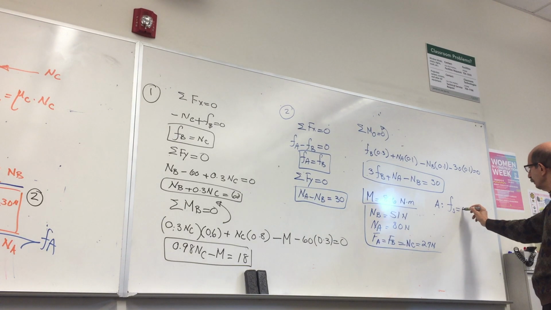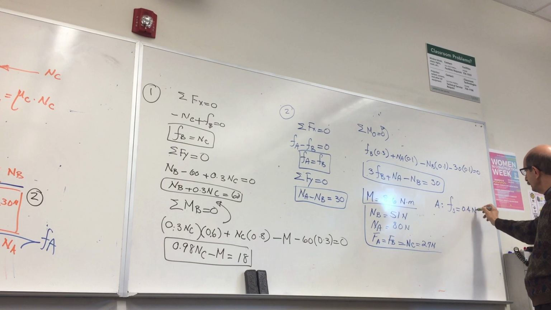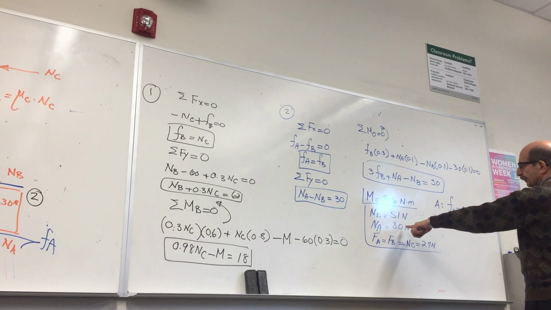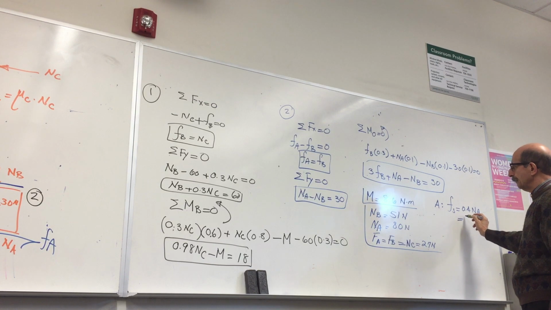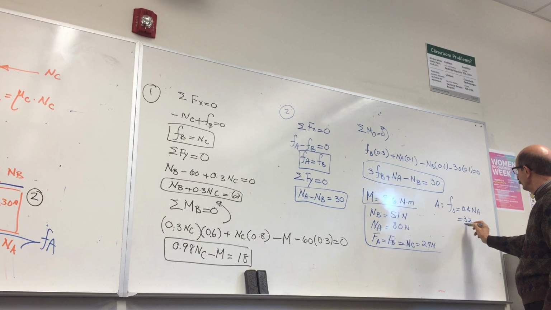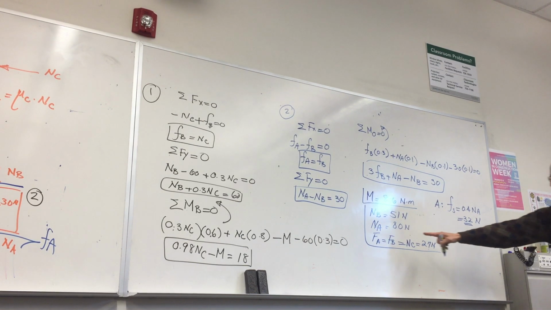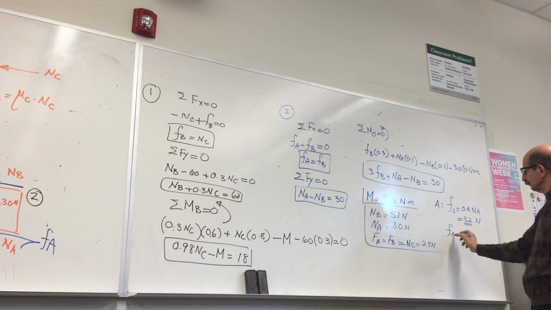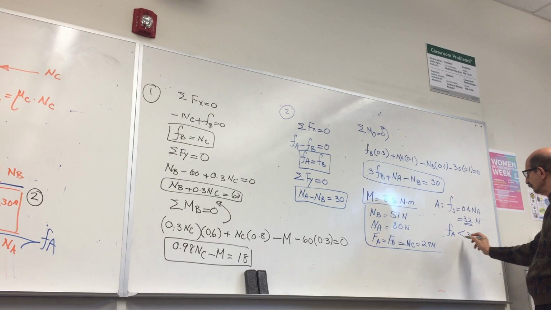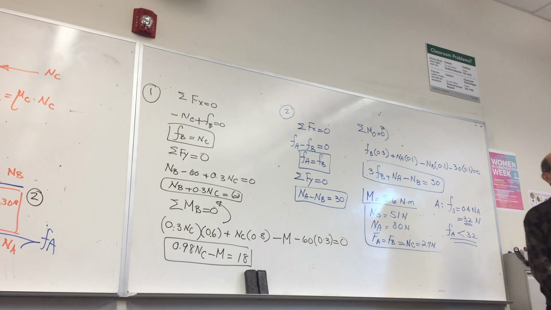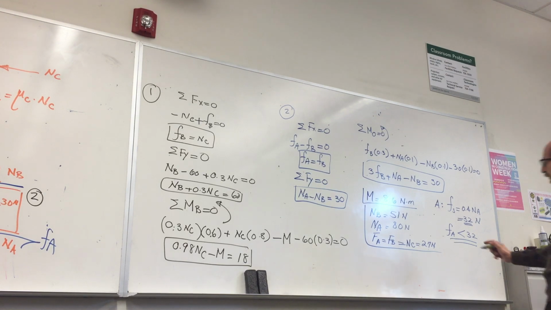Yes, 0.4 times NA, which is this. So it would be 32 Newton, right? So FA, the force that develops there, is less than 32, it is 27. So no motion takes place there.